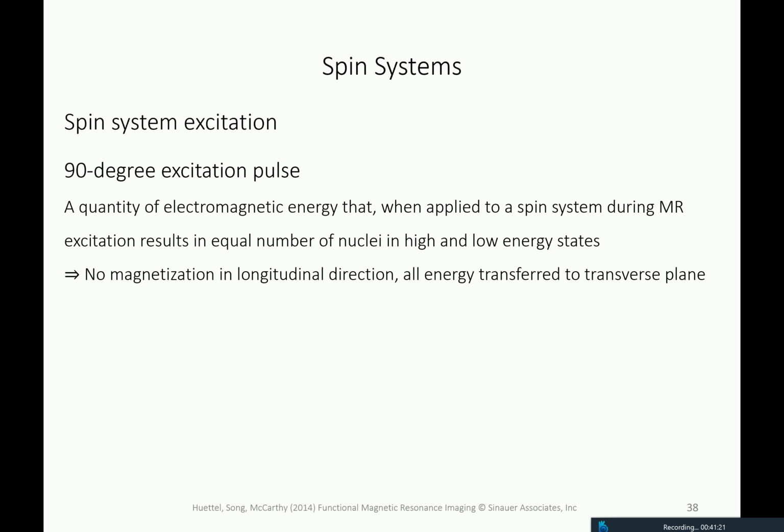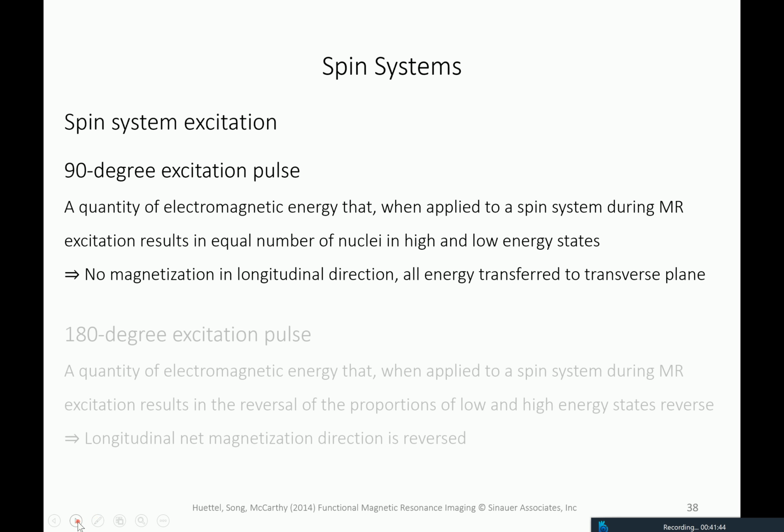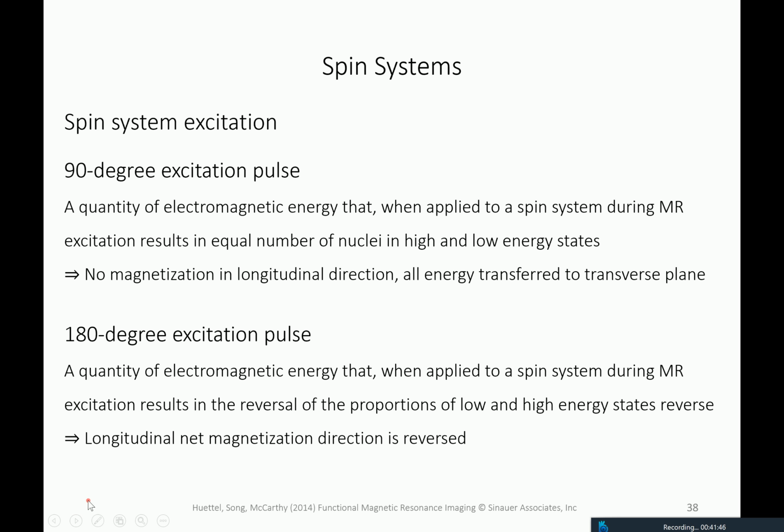One classically distinguishes a 90 degree excitation pulse, which tilts the net magnetization into the transverse plane, meaning the XY plane, or a 180 degree excitation pulse, which completely inverts the magnetization vector. So that's the flip angle.